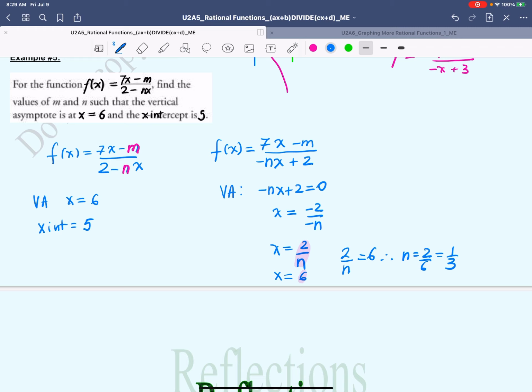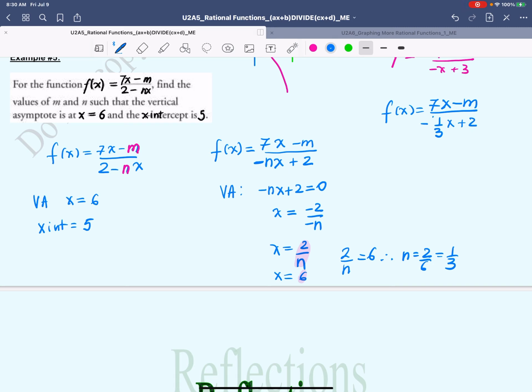So we'll say that the value of n is 1/3. That means that the function has been brought to the form 7x minus m divided by negative 1 over 3, because the negative was already there, right? Negative positive 1/3 x plus 2.